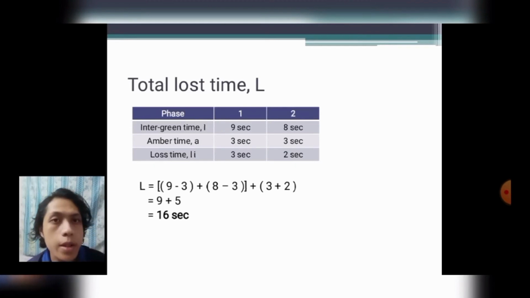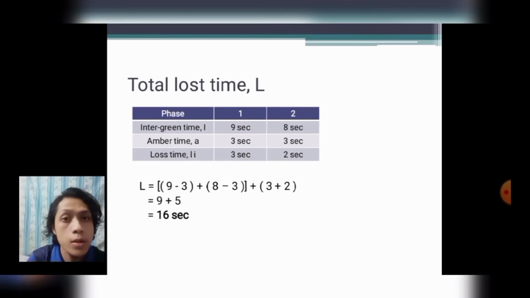After that, we can find the total lost time. To get the total lost time, we must have this data. This is the data that we use to find the total lost time, L, by using the formula L equals total intergreen time minus amber time for each phase, plus the lost time for each phase.